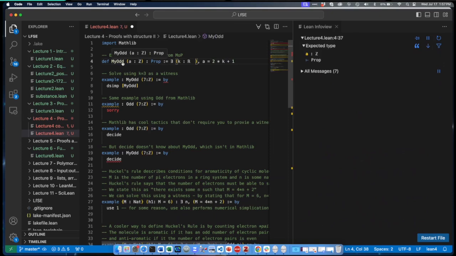I will be able to prove that half is my odd. I could prove that 2 is my odd. Because my odd is just defined this way. k is a real number. It's not what you mean when you say odd, but it is just what the definition is.